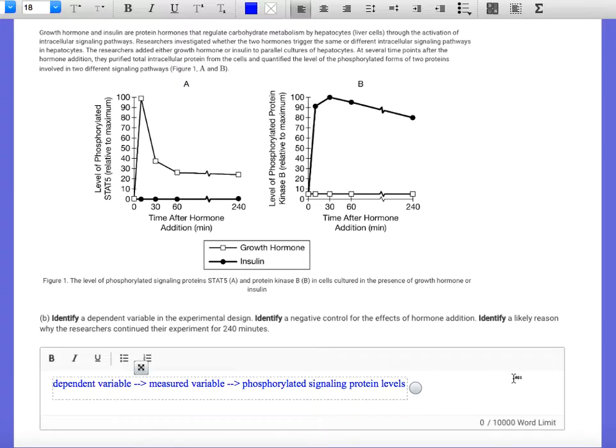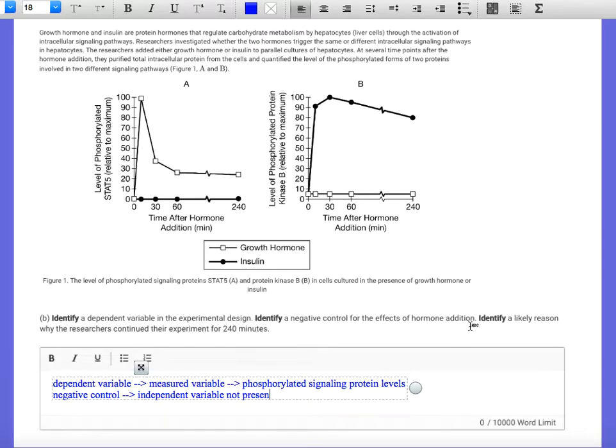All right, so let's look at the second part here. Negative control for the effects of hormone addition. This has come up before. A negative control is basically something that's not there. Basically, the independent variable is not present.